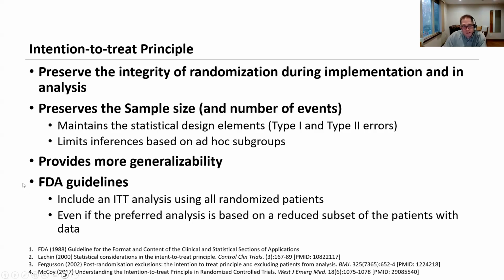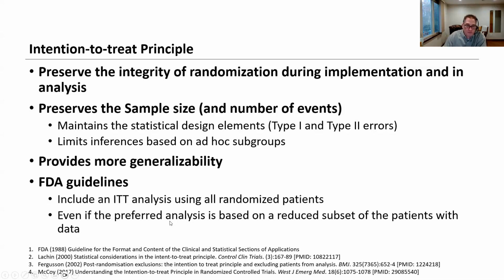The FDA guidelines don't say that it has to be the primary analysis. It often is for us. It's usually the intent to treat analysis that we would call primary. The FDA just says that in your submissions, you need to include an ITT analysis using all the randomized patients. So it doesn't have to be primary for them, but it does have to be there.